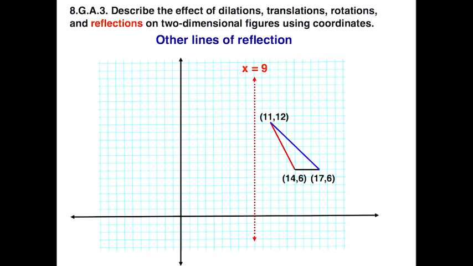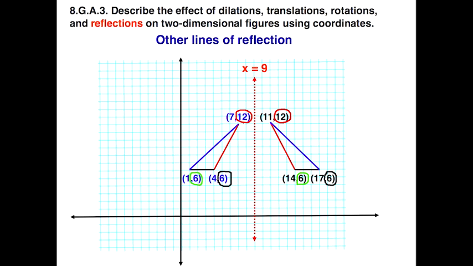Let's start off with this triangle with these coordinates, and let's see what happens when we reflect it across this line. Here are our new coordinates. So let's see what happened. On the left we have 6 and 6, we have 6 and 6, and we have 12 and 12.